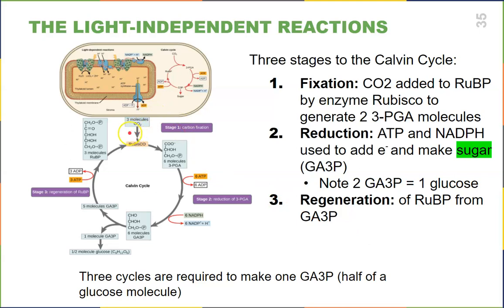It uses 3 CO2 molecules, which are rearranged using ATP and NADPH, where the energy is stored, into this molecule here. Notice we have 3 molecules of CO2, so that means we have 3 carbons. 1, 2, 3 is here, right?